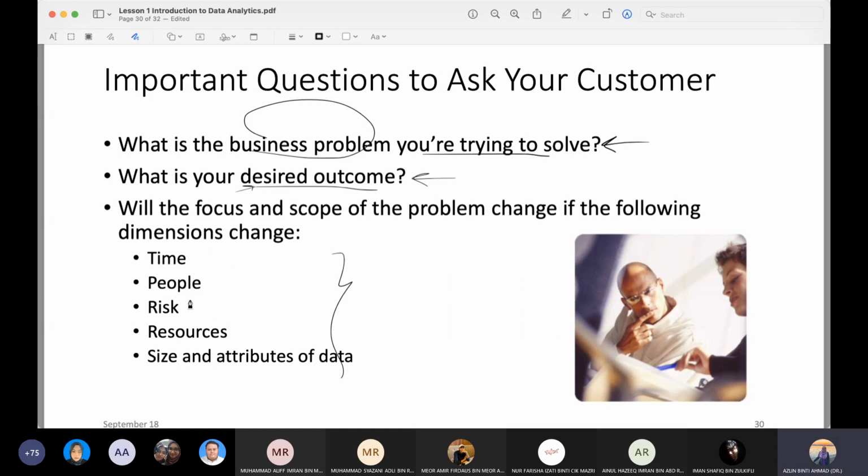Kena fikir benda ni, because in one project you have the specific time kan, ada timeline yang nak kena follow. Kalau you exceed the timeline, so it will give huge impact to the business. Dia akan bila drag, you punya cost akan tinggi, man hour akan tinggi, semuanya melibatkan money.